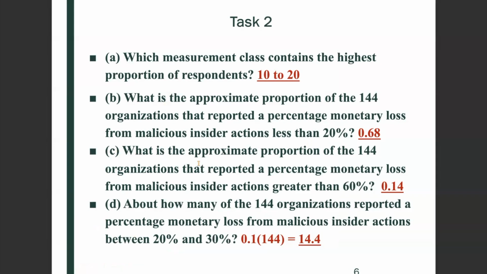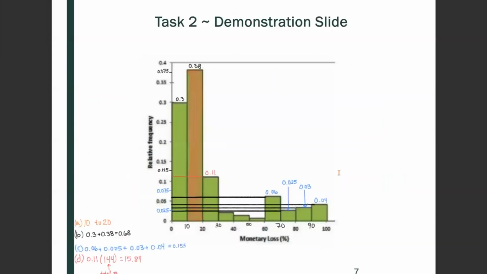What is the approximate proportion of the 144 organizations that reported a percentage monetary loss from malicious insider actions greater than 60%? All right, so here, if we look at the monetary loss in percent, let's start with 60%, and we're interested in greater than 60%.